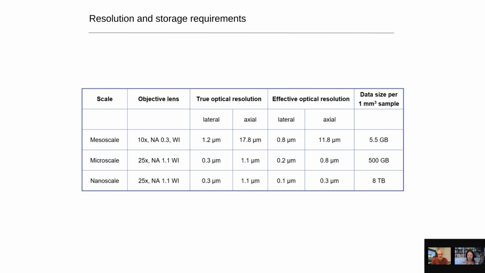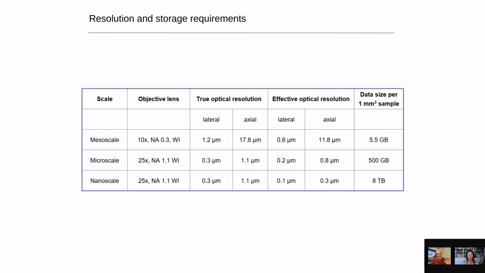With the ultimate resolution that we can obtain using a 25x objective lens with an NA of 1.1, imaging a sample of 1 cubic millimeter will produce a data amount of 8 terabytes at highest resolution. We stream the data from the microscope directly onto a storage system standing beside the microscope.